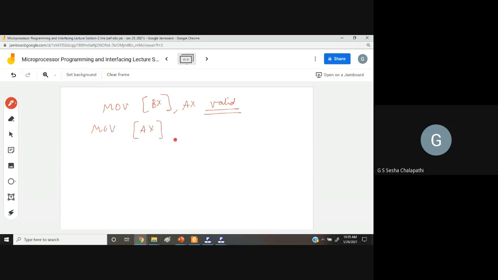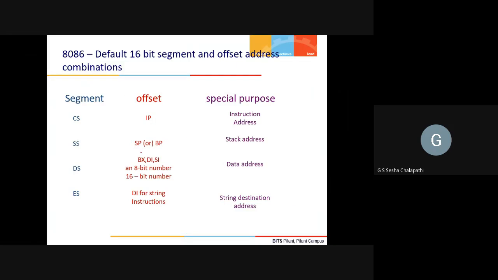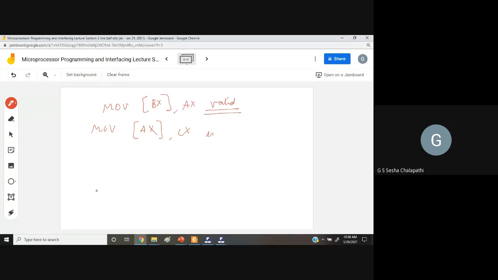If I specify an instruction like move AX colon, comma CX, here I am trying to use AX as an offset address. But from this slide, I see that AX cannot combine with any of the segment registers, and therefore this is not a valid instruction.